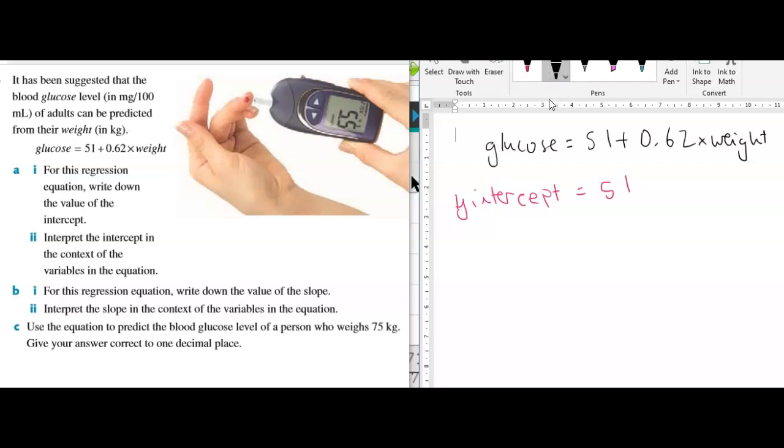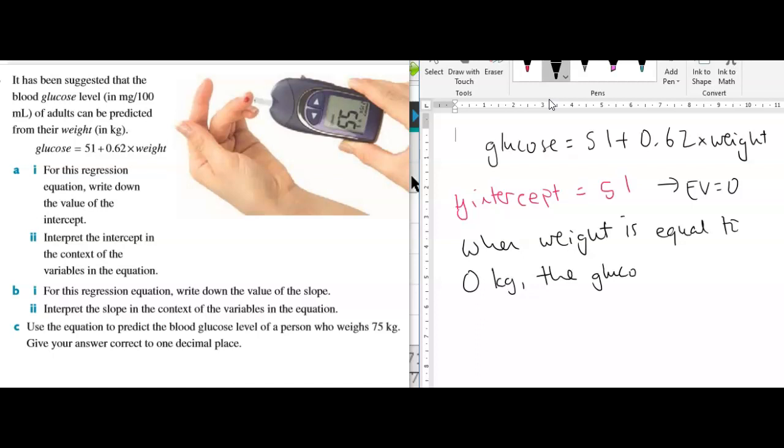Remember, your y-intercept is when your explanatory variable is equal to 0. So when weight is equal to 0 kilograms, the glucose level is 51.